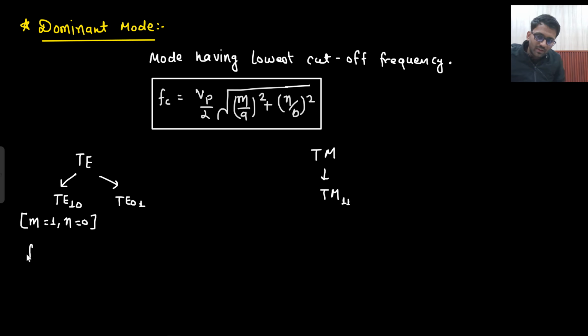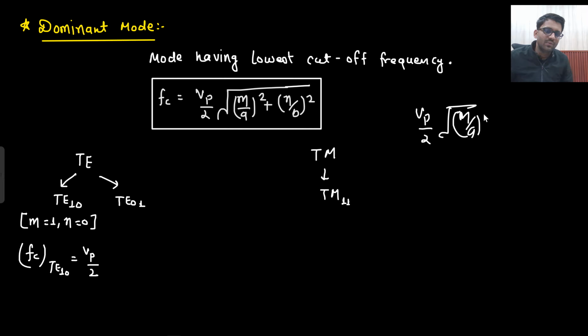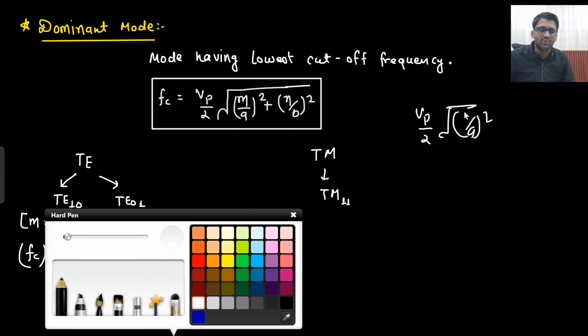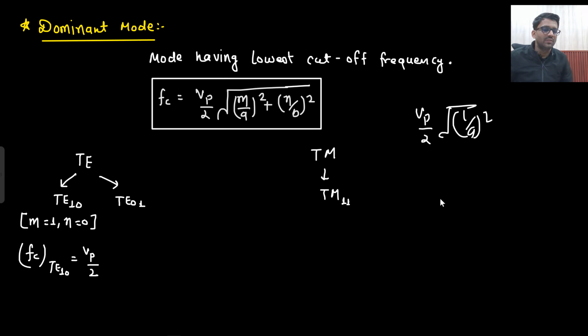Now if I calculate Fc for TE10, what do I get? Vp by 2, m is 1 and n is 0, so this will be gone. Vp by 2 under root m by a whole square, and the m value is 1 only. So under root 1 by a whole square is 1 by a only.